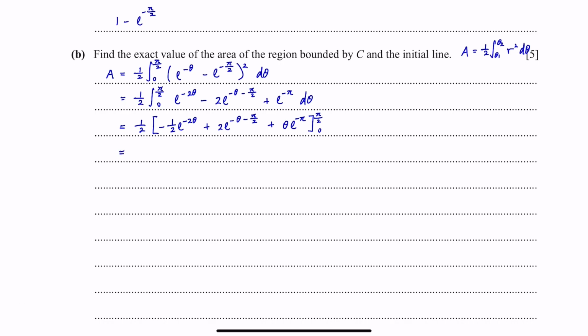So now we sub the values in. So it's half times negative 1 over 2 e to the power of negative pi plus 2e to the power of negative pi plus pi over 2 times e to the power of negative pi, plus half minus 2e to the power of negative pi over 2.